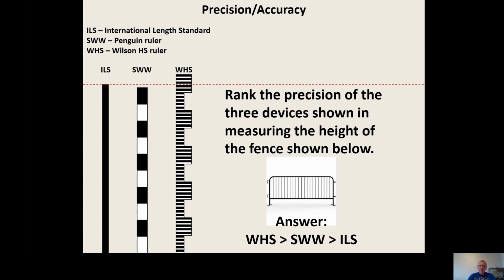Each of those segments is subdivided into many more divisions than the penguin ruler is, and the ILS only has one. Even though the ILS is the definition, it hasn't been subdivided. If you came along and subdivided it really well, you'd have more precision there. But I just have a single black bar that represents the ILS. There's no subdivisions in it at all. So the ILS would have the least precision, and the Wilson would have the most because it has the most subdivisions there.